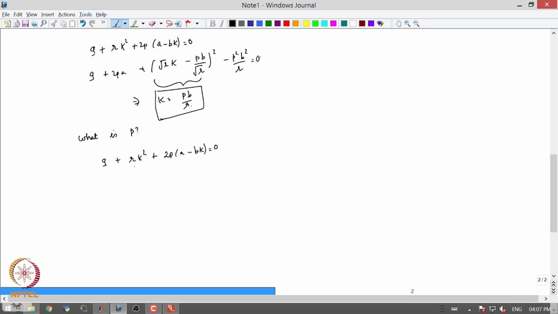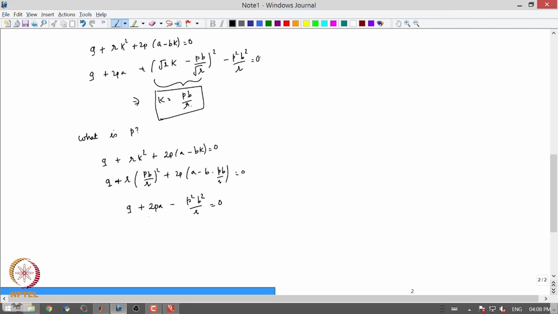I substitute for k, which is p b over r, and what I end up with is q plus r times p b over r whole square plus twice p a minus b times p b over r equal to 0, and I end up solving a quadratic equation of the form q plus twice p a minus p square b square by r equal to 0, right.